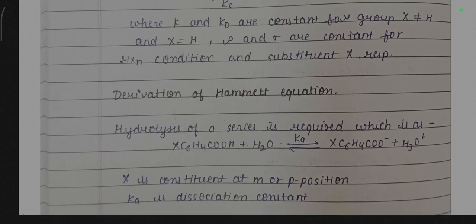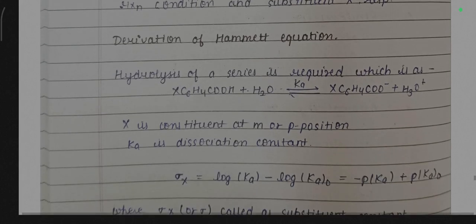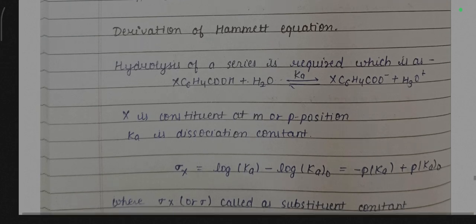Derivation of Hammett equation. Hydrolysis of a series is required, which is X-C6H4-COOH plus H2O gives X-C6H4-COO negative plus H3O positive. X is a substituent at meta or para position. Ka is the dissociation constant.